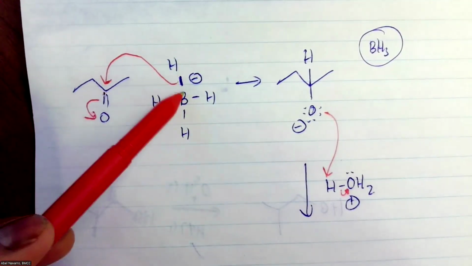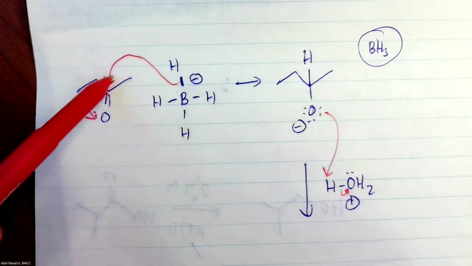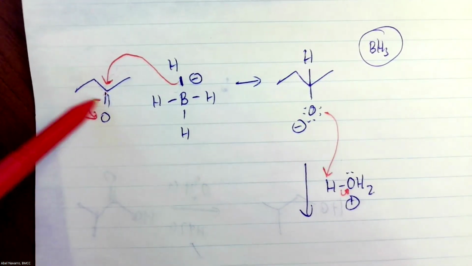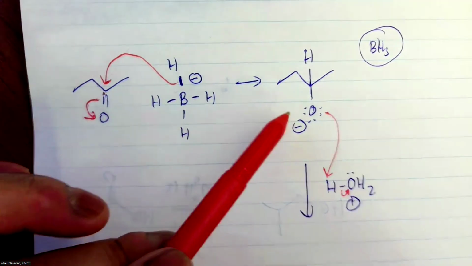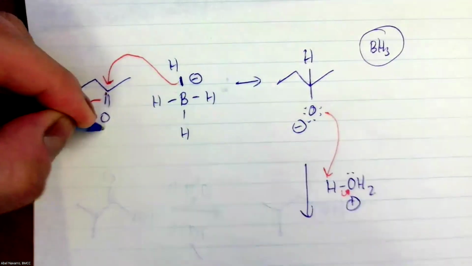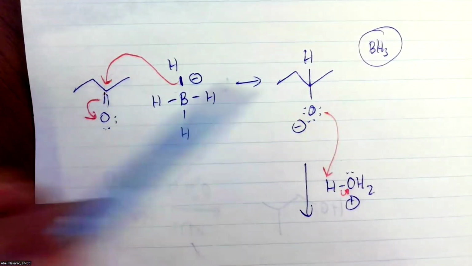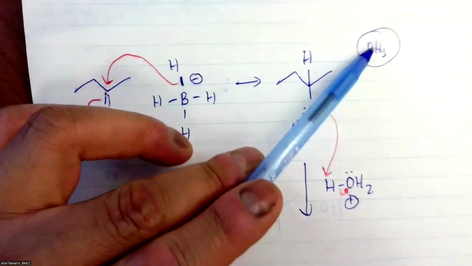What is attacking? This BH bond attacks this carbon, and at the same time it displaces the double bond towards the oxygen. If you want, you can draw the lone pairs. So now you get a third lone pair, the hydrogen gets added, the BH3 leaves.